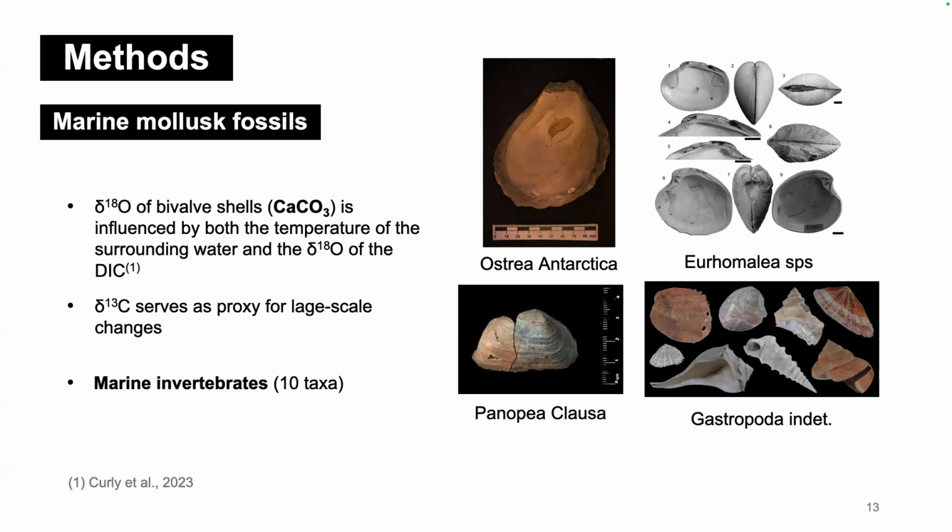Similarly, delta 13C reflects a combination of environmental dissolved inorganic carbon, DIC, and metabolic contributions. While delta 13C in carbonate is not typically used to reconstruct DIC directly due to biological influences, it still serves as an indicator of large-scale changes in the carbon cycle and primary productivity.